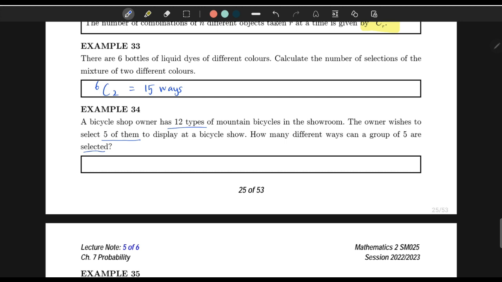So, is it permutation or combination? Okay. Since the owner wants to select 5 from 12 bicycles, this is combination. So, the solution is 12C5. So the answer is 792 ways.